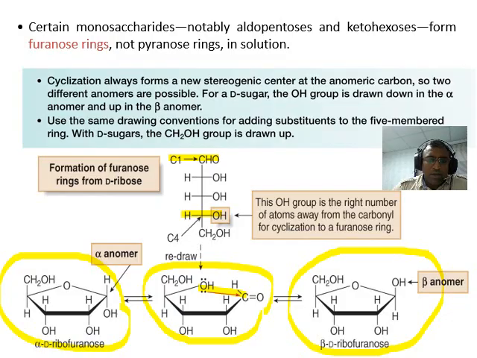Okay? Has already been described to you. Alpha anomer, the OH is at the bottom, while beta anomer, the OH is at the top. Also want to highlight here the Haworth projection. You can see this is Haworth projection where the wedges are closer to you and the other line is far away from you. I hope you can see the Haworth projection in this slide.